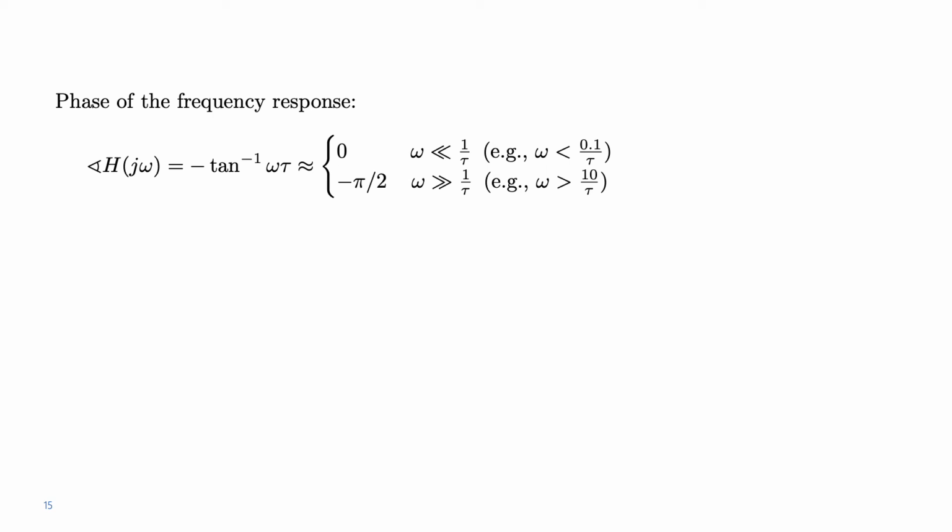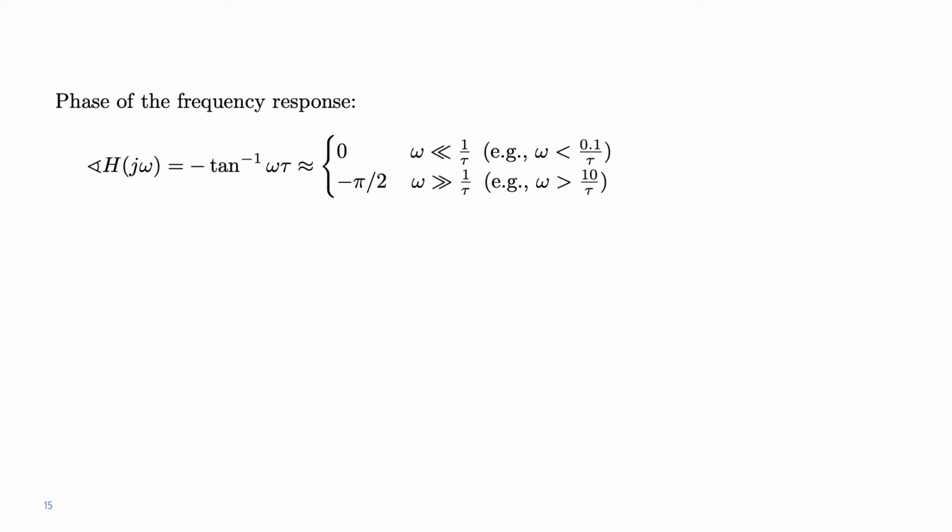When omega is much smaller than 1 over tau, for example, omega is smaller than 0.1 over tau, then minus arctan of omega tau can be approximated by 0. On the other hand, when omega is much larger than 1 over tau, this quantity can be approximated by minus half pi. Why is that the case?